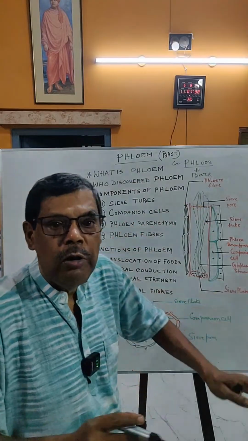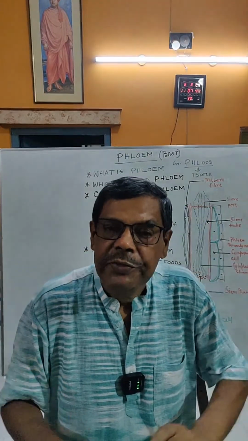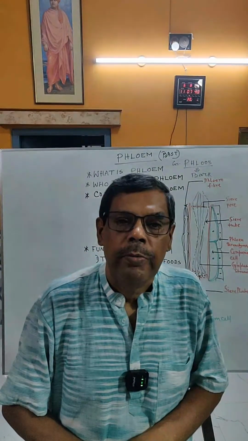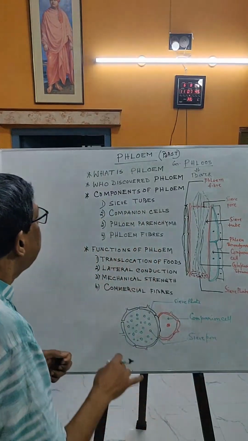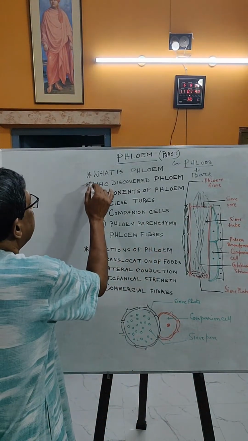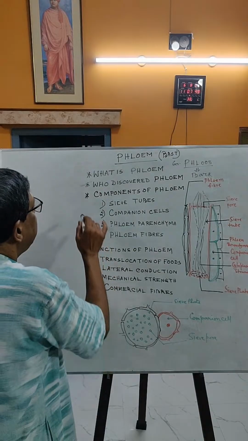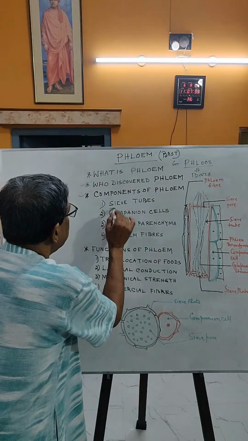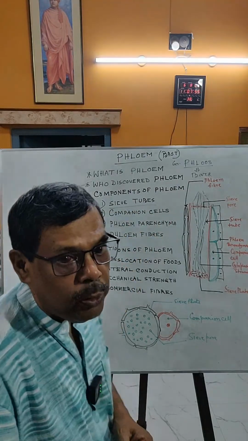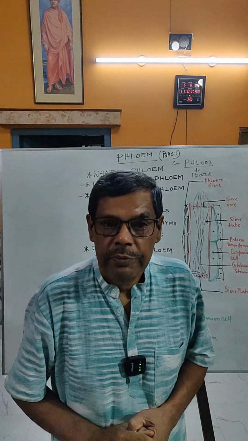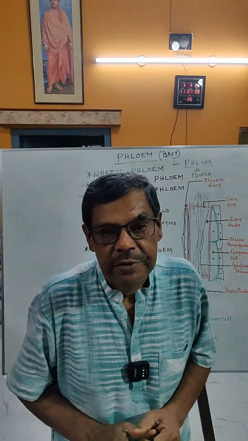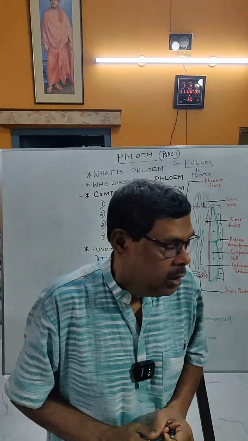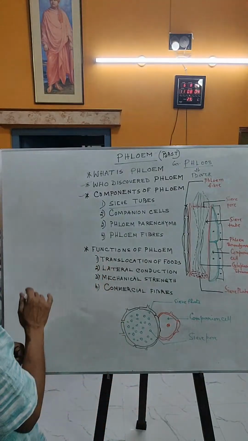Phloem tissue is also called bast tissue. Next, components of phloem. There are 4 components of phloem, 4 different cells, found in phloem.